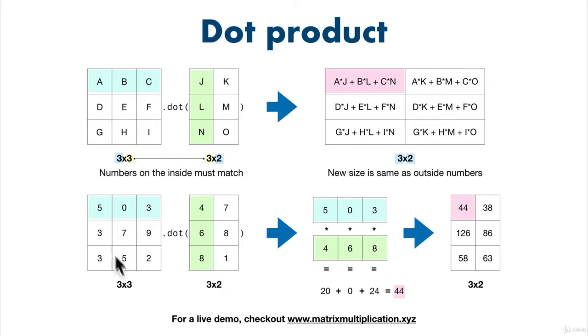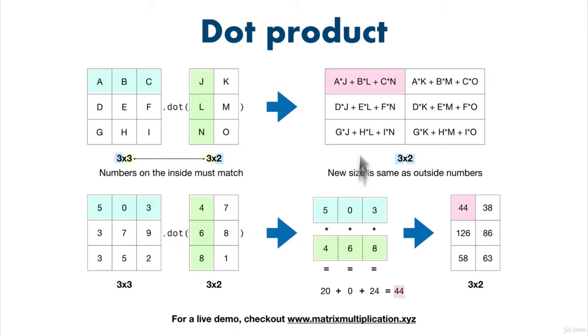Now let's have a look with some numbers that have actually been filled in. We've got 5, 0, 3, 4, 6, 8, and we're calling dot between this matrix and this one. So we've got 5, it's going to come over here, be multiplied by 4. That equals 20. Yep, we've got that. 5, 4. This is A times J. Now we've got 0 times 6.